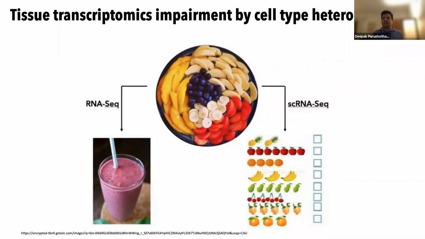There might be cases where bulk RNA-seq is perfectly all right, because we are comparing liver with heart tissue, so we know that we are comparing one class of cells with another class of cells. So if I get a readout which is indicative of a population of cells, that's fine. But for more nuanced questions, maybe bulk RNA-seq is not the answer, because there is an averaging effect, especially if you're going after rare variants.